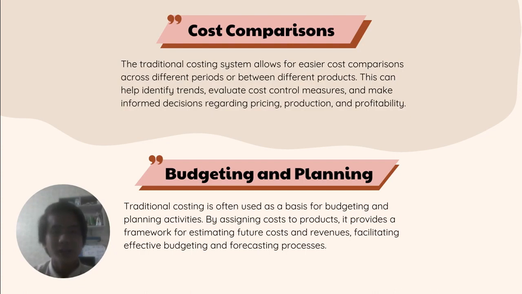Traditional costing is often used as a basis for budgeting and planning activities. By assigning costs to products, it provides a framework for estimating future costs and revenues, facilitating effective budgeting and forecasting processes.